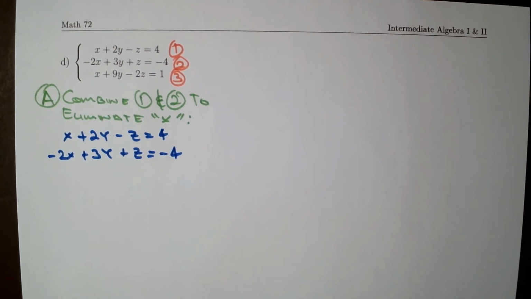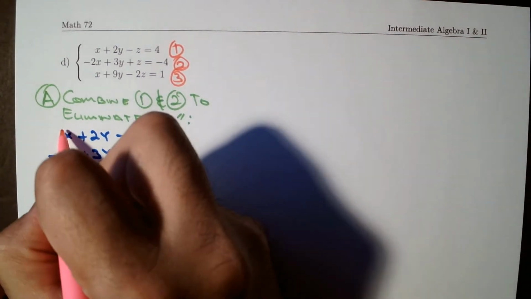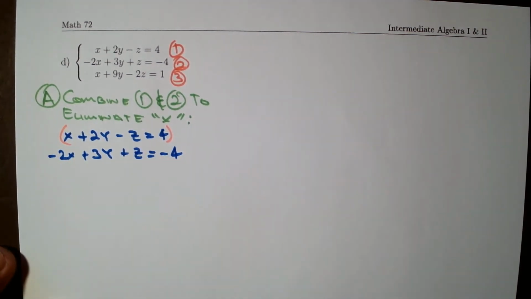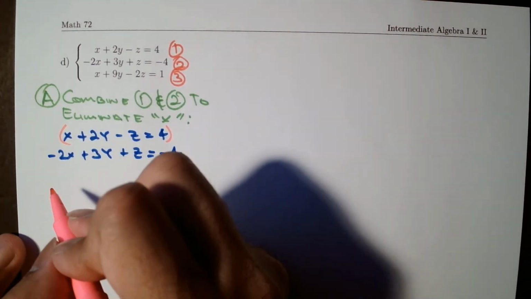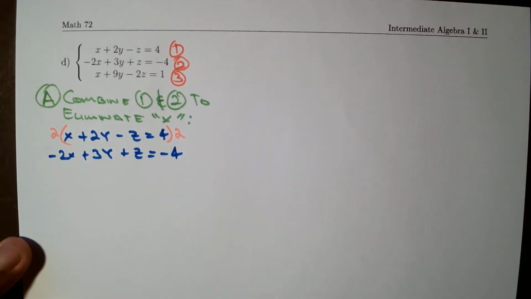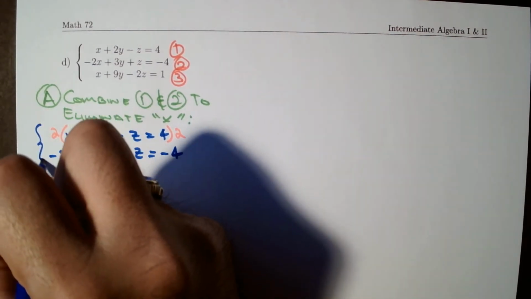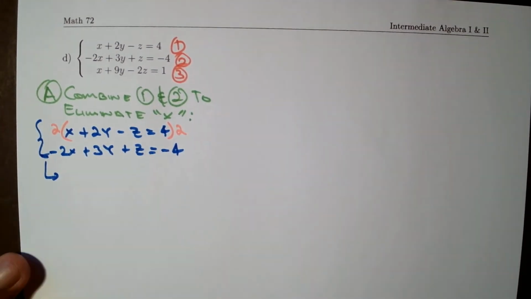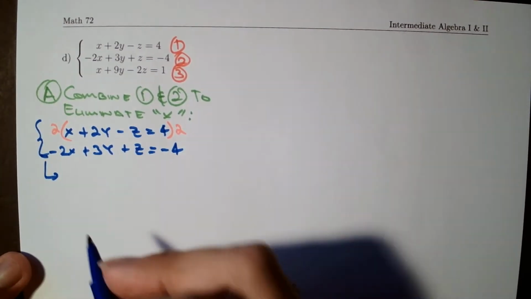So what we want to do here is eliminate the x's, and we can get that by multiplying both sides of the top equation by 2. What is that going to do for us? Well, it's going to give us the opposite sign coefficient.